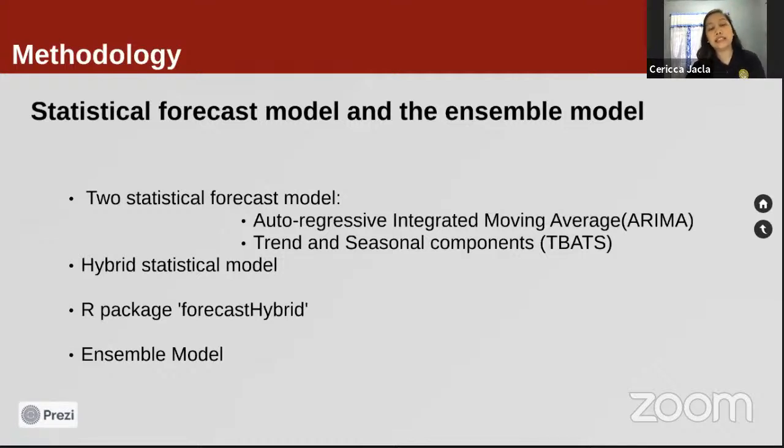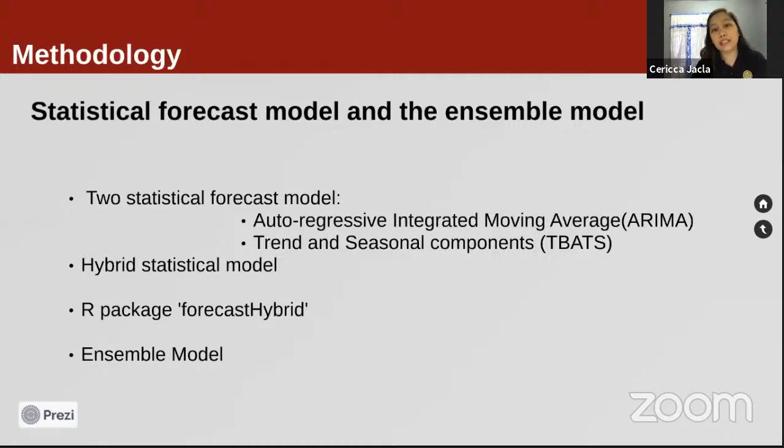The ARIMA is used to describe the autocorrelation of the data, and TBATS is used to forecast series with complex seasonal patterns using exponential smoothing. Now, the hybrid statistical model is just a combination of the first two statistical forecast models. Our researchers used the R package forecastHybrid to solve this model.